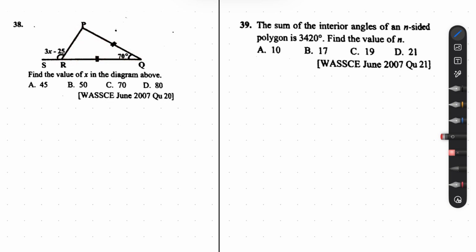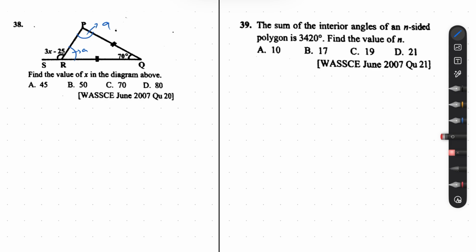The angles that are opposite the equal lines are equal. So if this angle is A, then here will also be A. Now, if we add this angle and this angle, we should be able to get the opposite exterior angle.